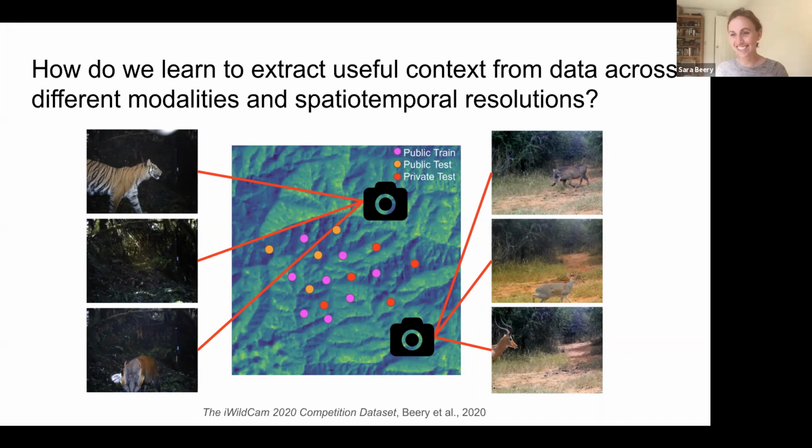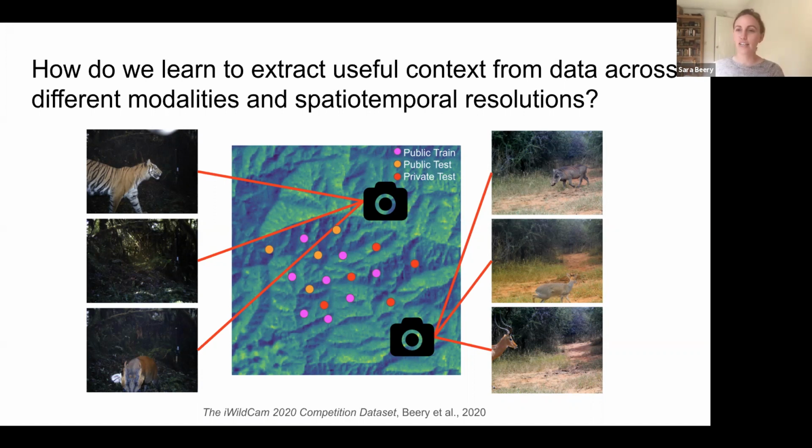So last year, I do this yearly competition where we try to build interesting machine learning challenges that will answer these necessary real world questions with camera trap data.